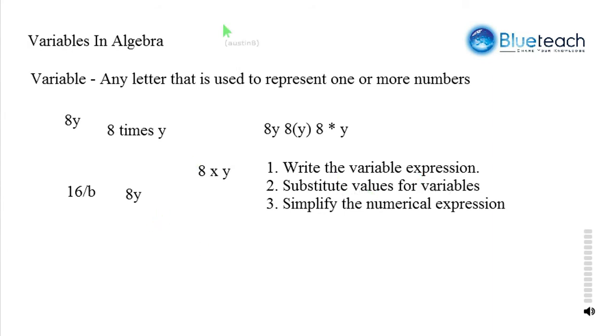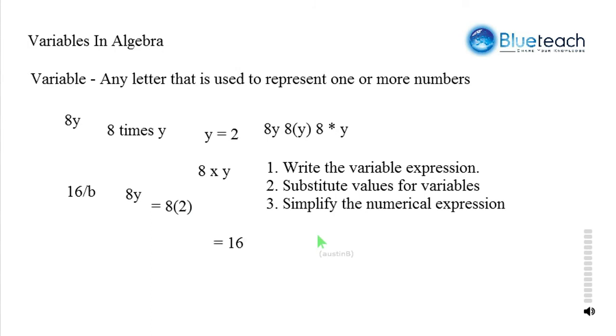We have 8 times 2. Simple equation there. Now finally, we simplify that numerical expression: 8 times 2 being 16. And that is basically how you evaluate a variable expression. Not that difficult.